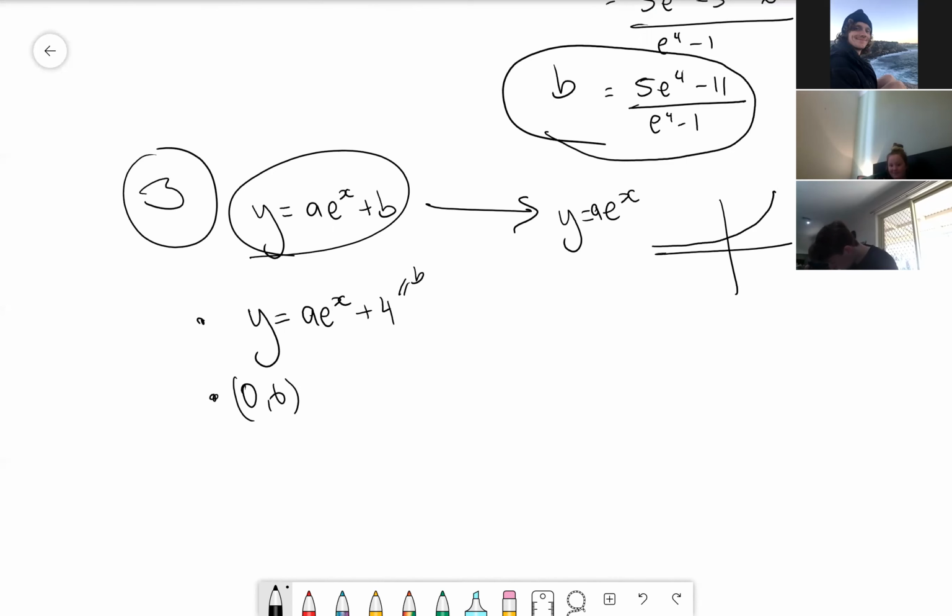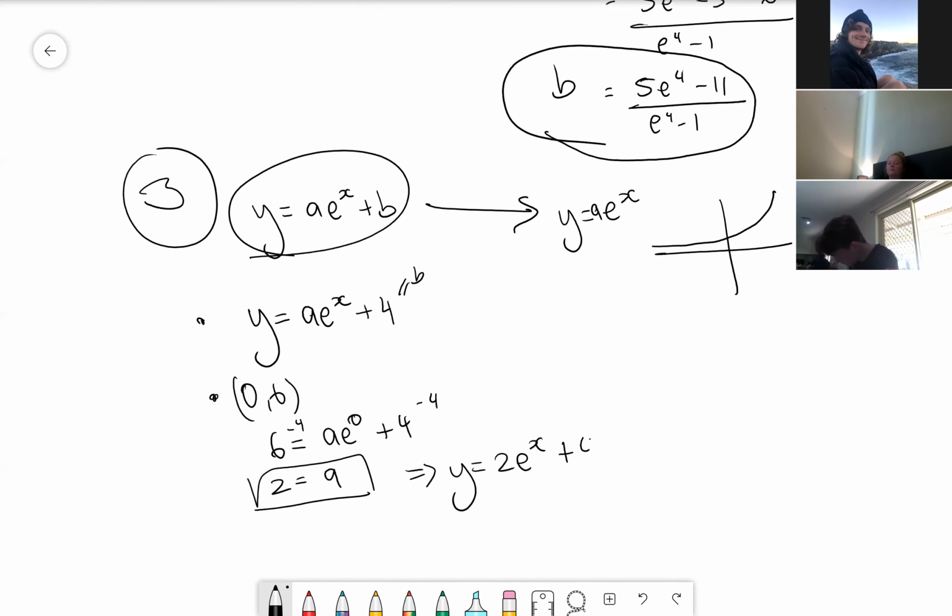My computer is absolutely battling at the moment. 6 is equal to A e to the 0 plus 4. And you take 4 on both sides. So 2 is equal to A. Yep. Awesome. So easy.